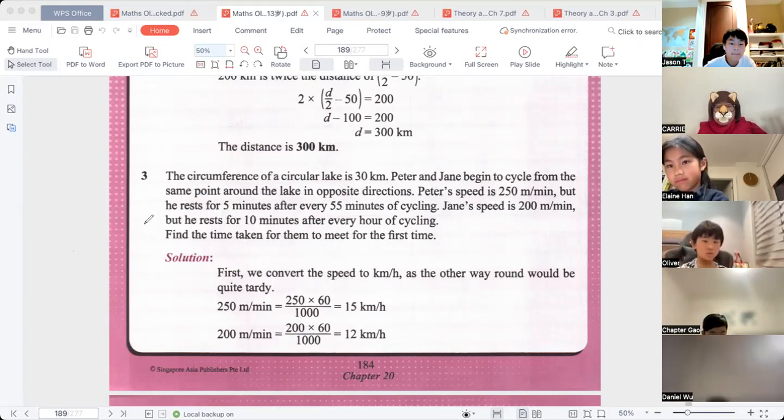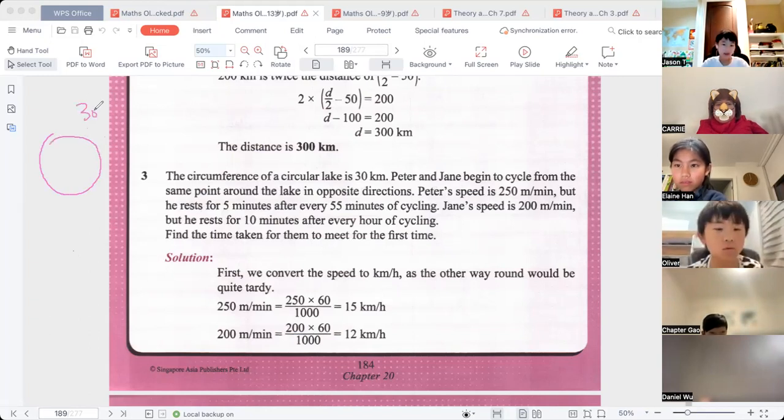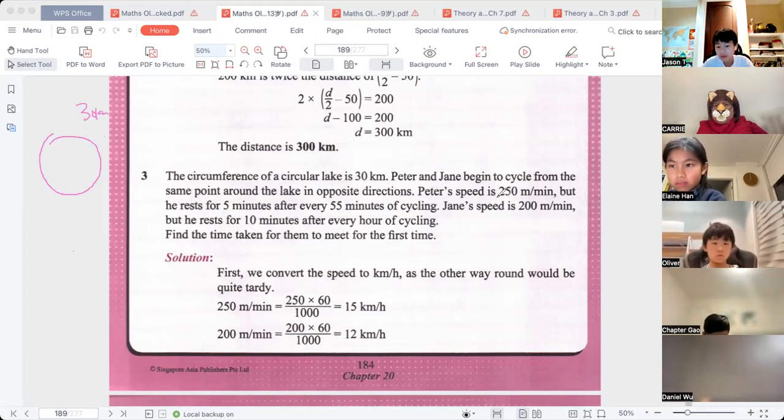Okay, so this circular lake is 30 kilometers, right? Everybody, I want you to make sure you understand this one: the units are totally different. So I want you to convert them from meters per minute to kilometers per hour.